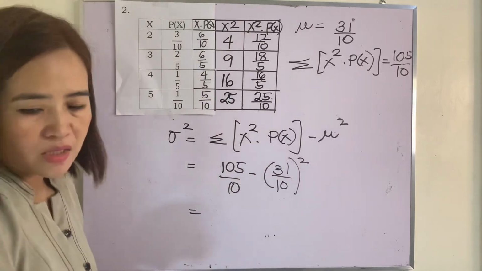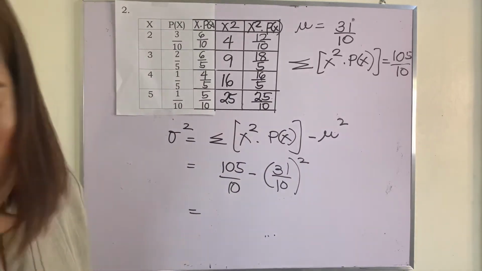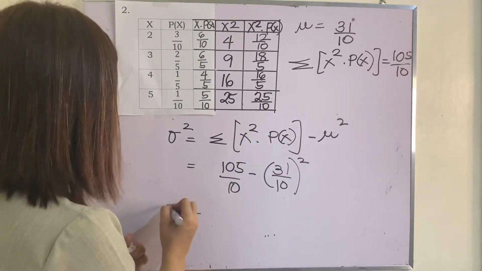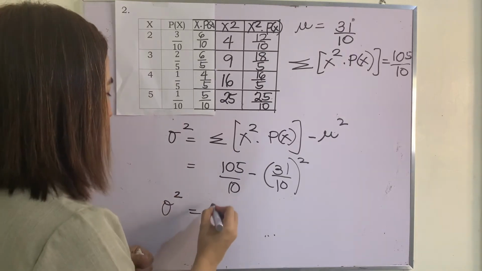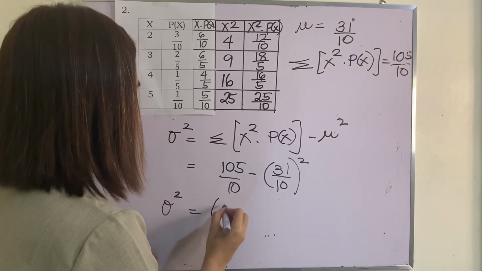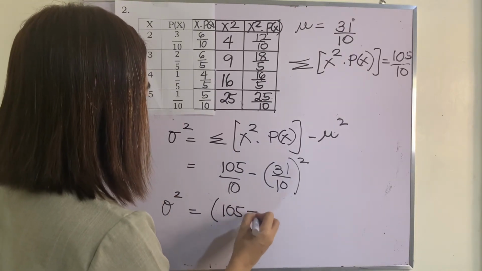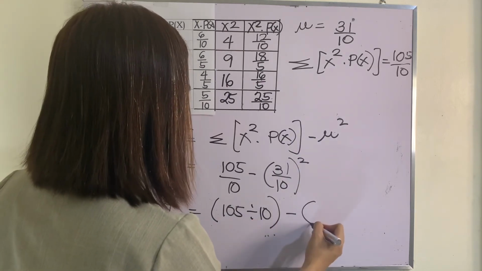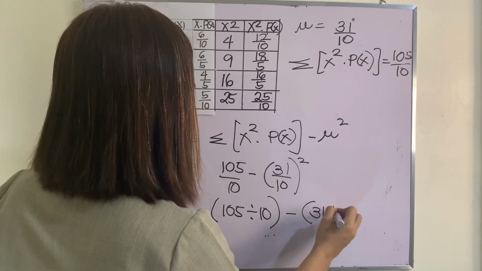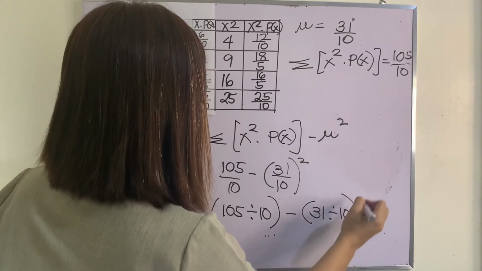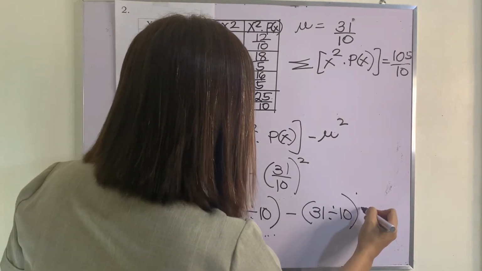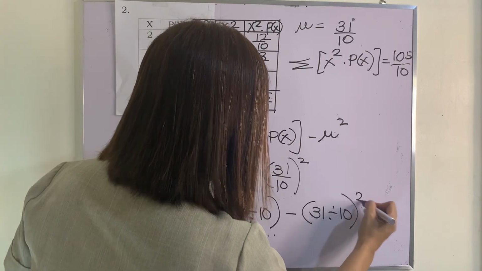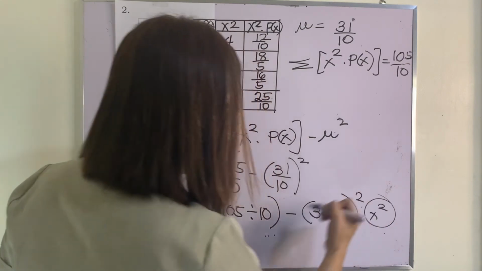When you press this on your calculator, you will be getting here, how do you press it? Open parenthesis, 105 divided by 10, close, minus, open parenthesis, 31 divided by 10, and then close, and then you press the square key in your calculator.